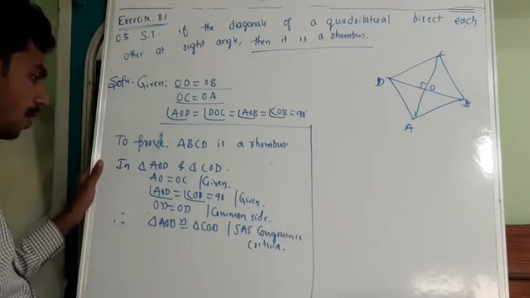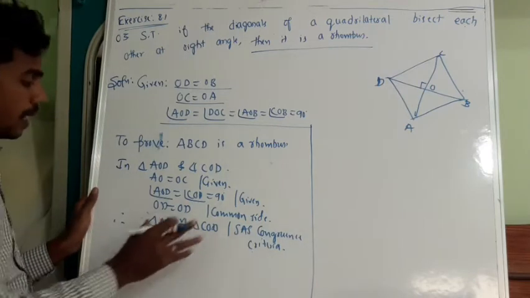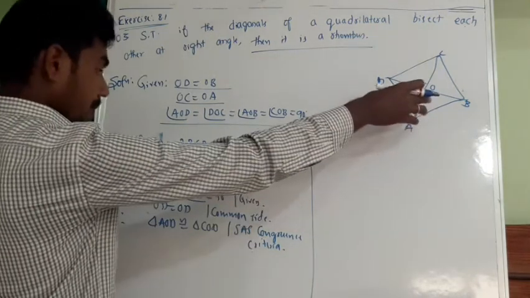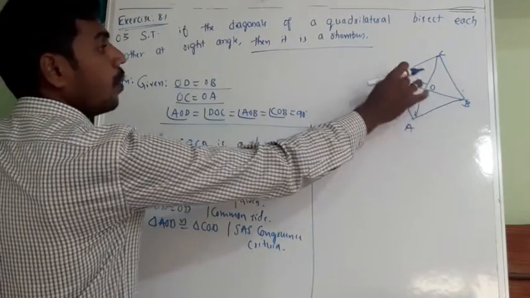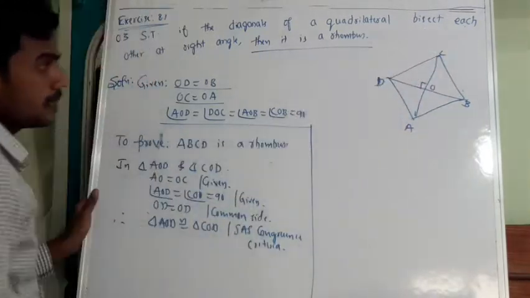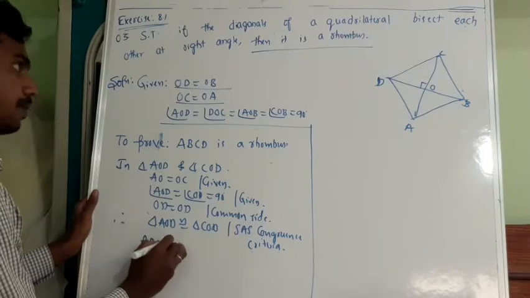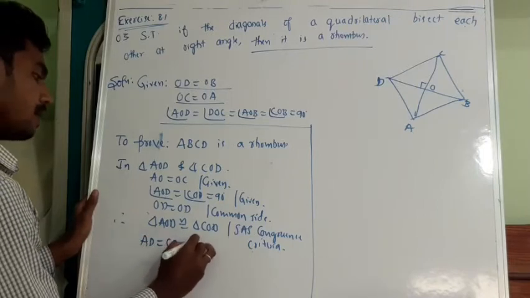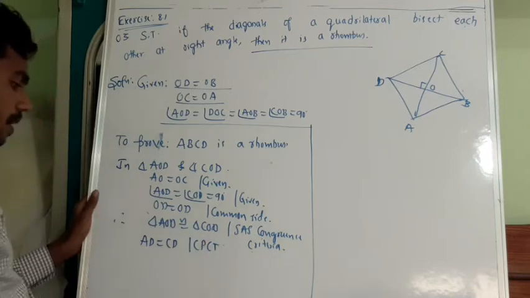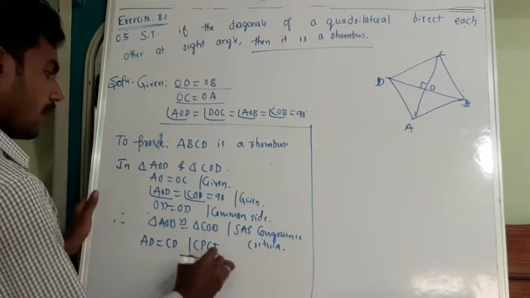Okay, now what can I write? Since triangle AOD is congruent to triangle COD, AD is equal to CD. Why? Because of CPCT. Next, I will call it equation 1.